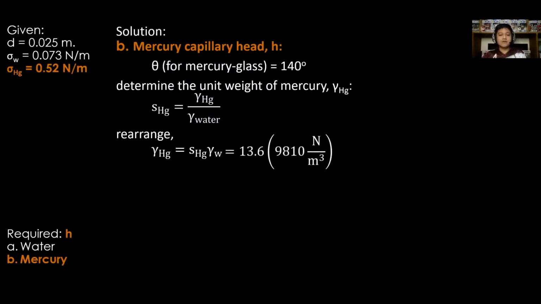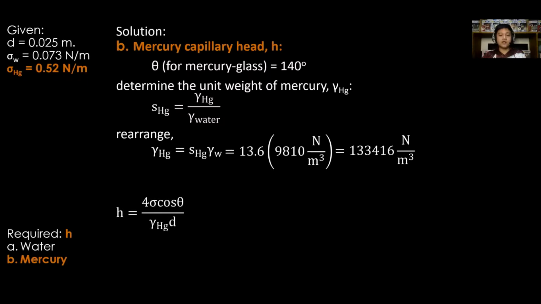For the specific gravity of mercury as standard, that is 13.6 multiplied to gamma of water. So for consistency, we will consider 9,810 in newtons per cubic meter. Thus, the value of the gamma of mercury is 133,416 newtons per cubic meter.